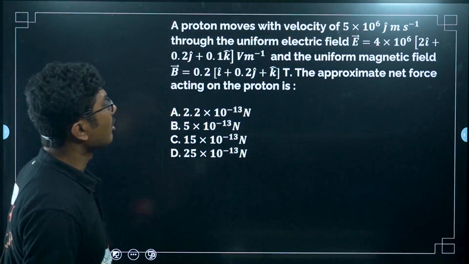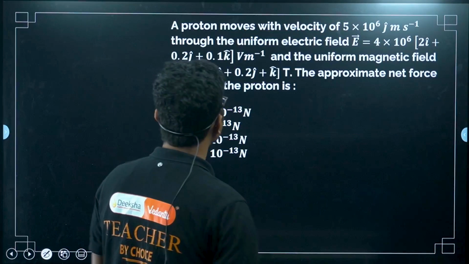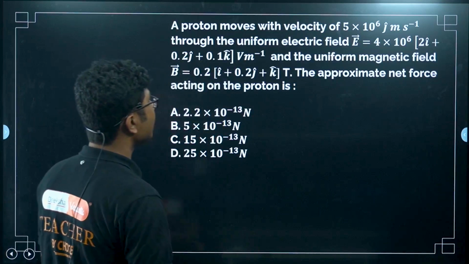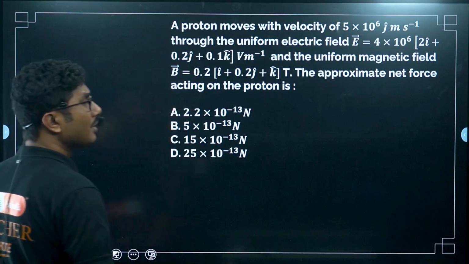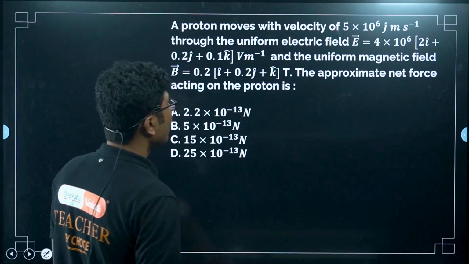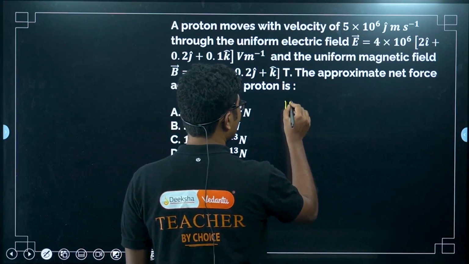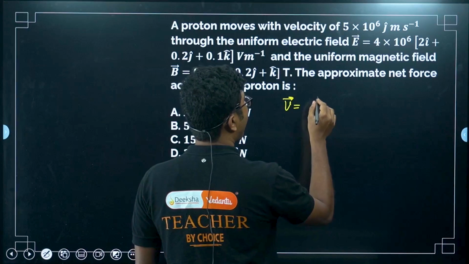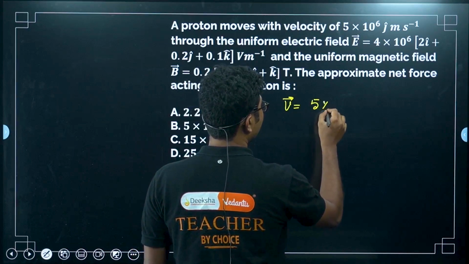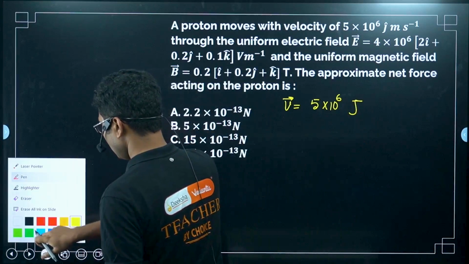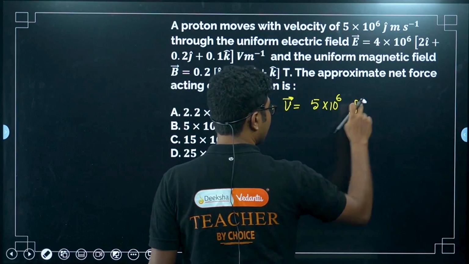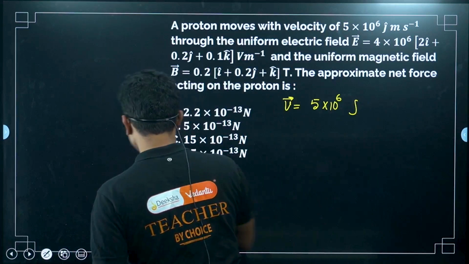Now, let us solve one problem, a very interesting problem. A proton moves with a velocity of 5 times 10 to the power of 6 j cap meter per second. So, the velocity is given by 5 times 10 to the power of 6 j cap, sorry, j should be small letter, right?